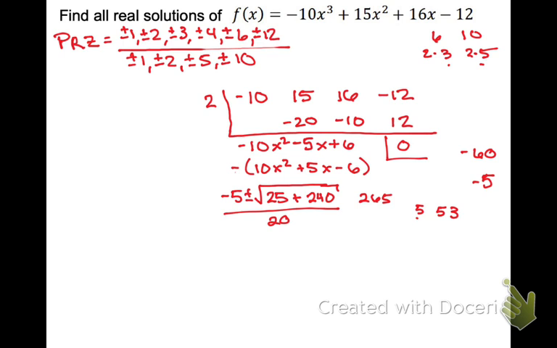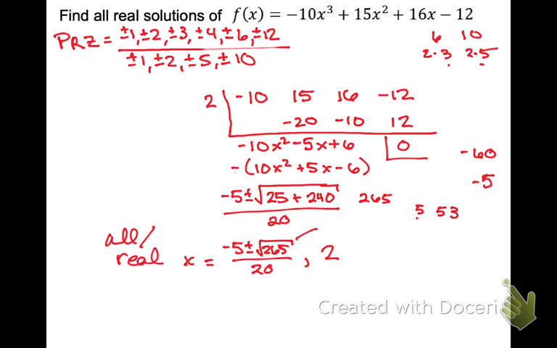Okay, so my answer is negative 5 plus or minus the square root of 265 over 20. And are all these real? Yeah. Yep, all of them. But they're all real. Are they all rational?